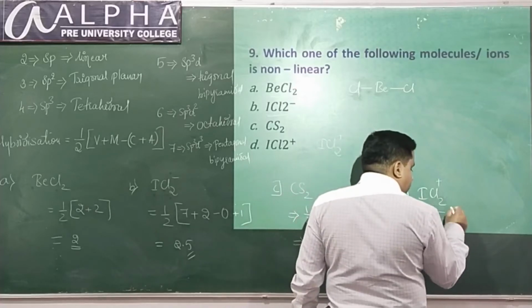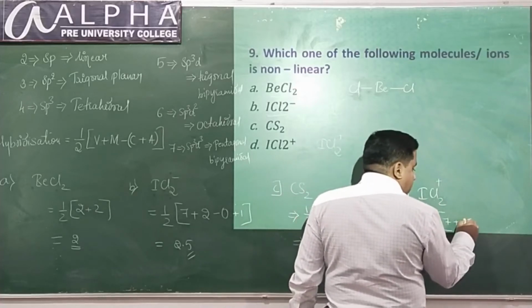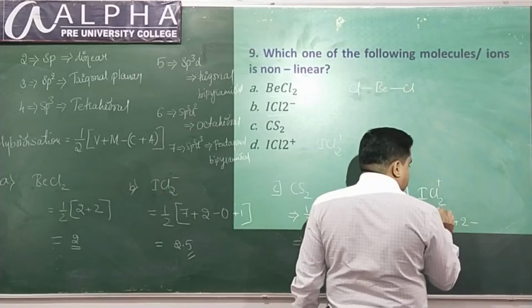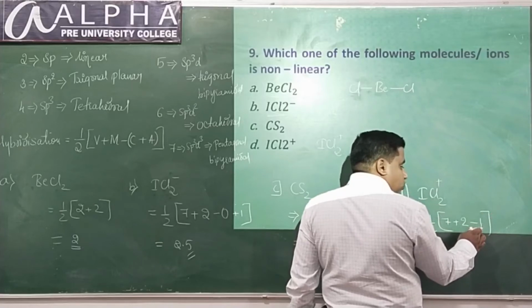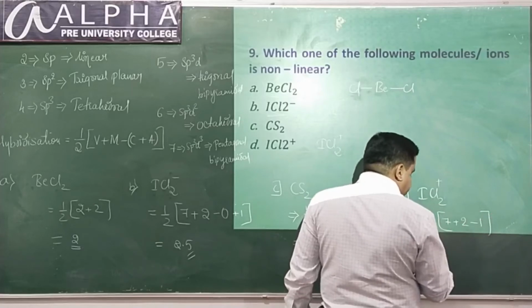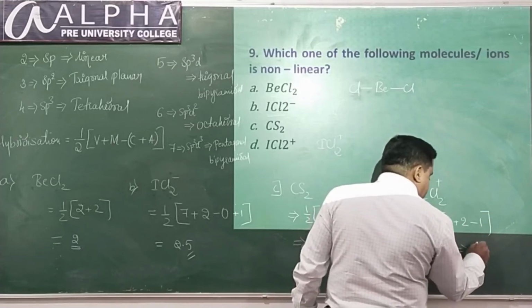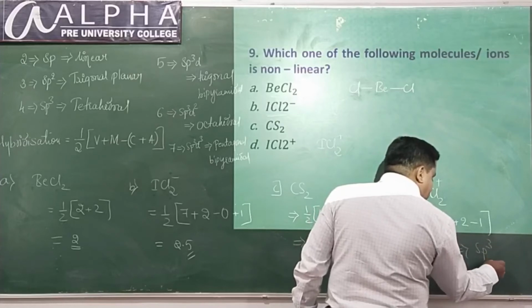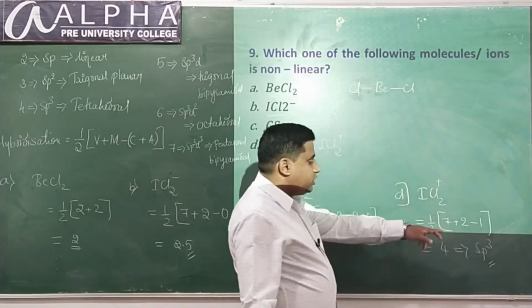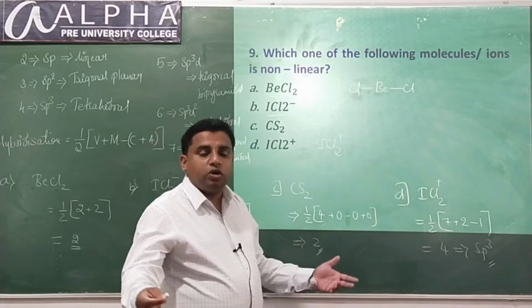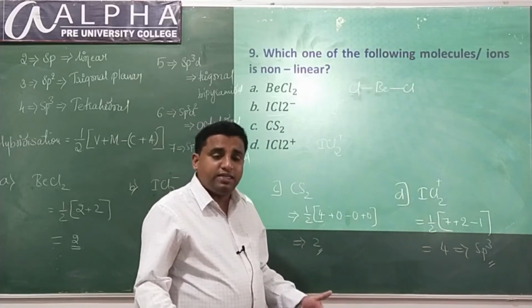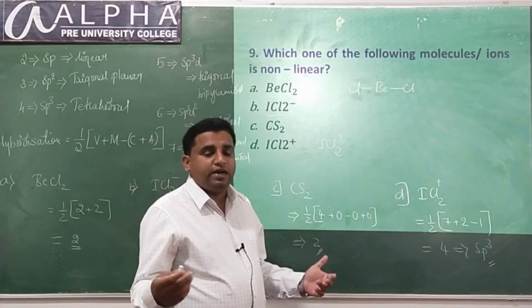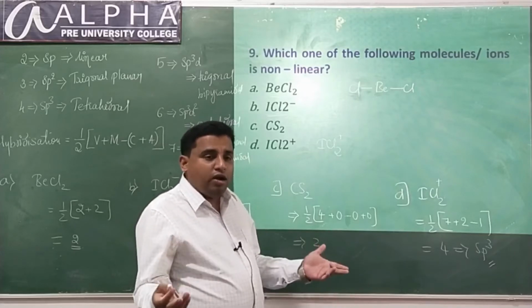There are two monovalent atoms, and minus one for the positive charge. 7 plus 2 is 9, 9 minus 1 is 8, half of 8 is 4. 4 means sp3 hybridization, which means tetrahedral structure. Tetrahedral structure means it is a non-linear molecule.